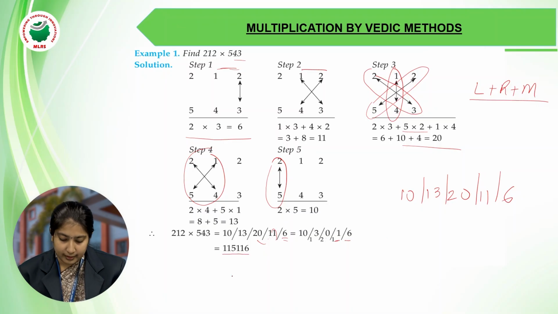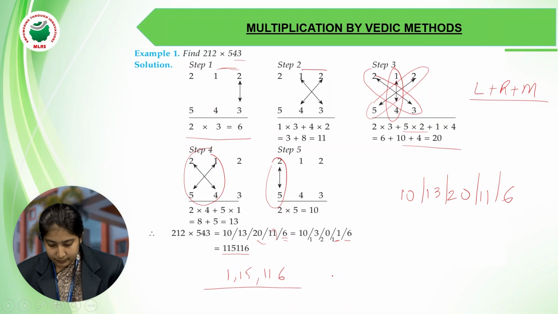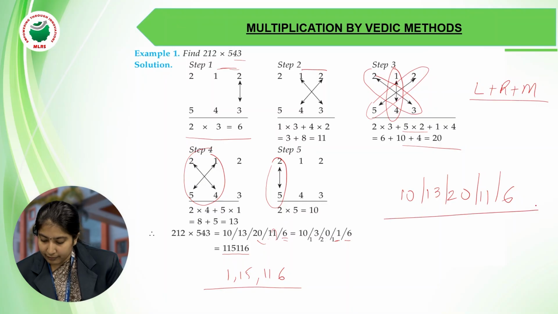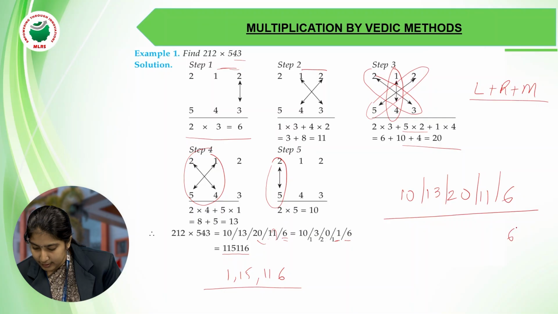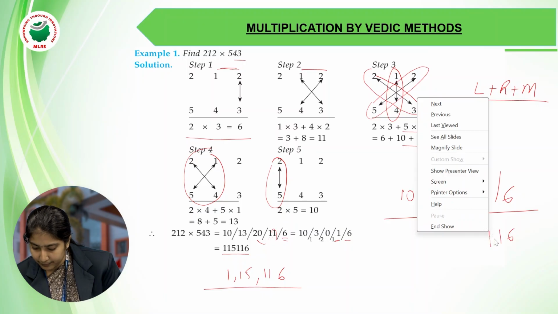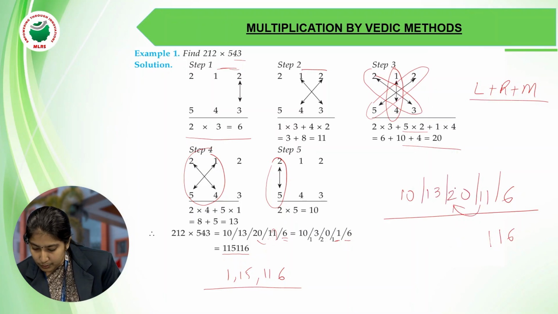115116. That is 1,15,116. A little bit elaboratively, if we want to explain this, what we do is that 6, this 1 is the same, and here this 1 will be added to here. So when it is being added here, you are getting 0 plus 1 is 1. Then this 2 will be added to this 3.